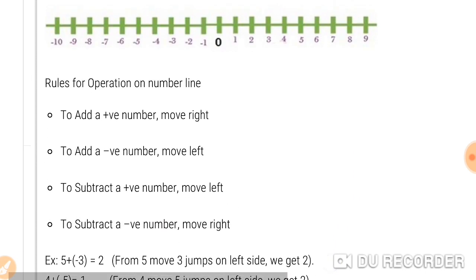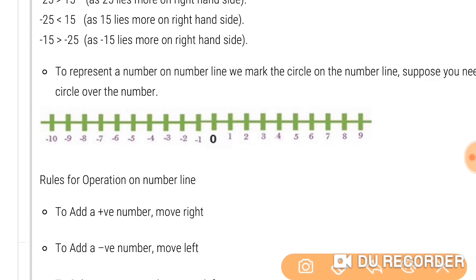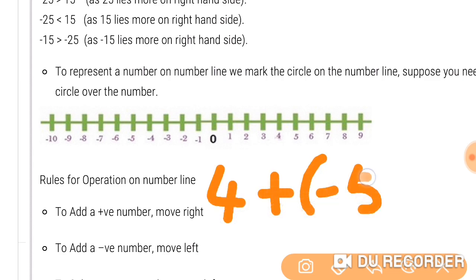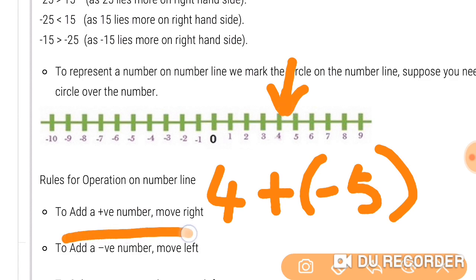4 plus of minus 5 is the question. Be careful. First, you have to represent the first number. 4 is a positive number. It is right of 0, here it is. Positive means we have to go to the right side, negative means left side.